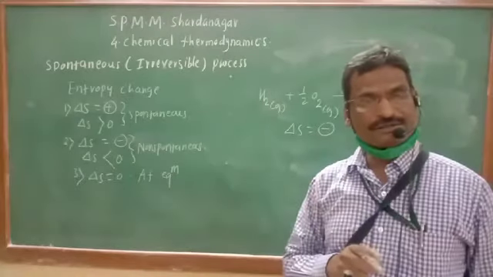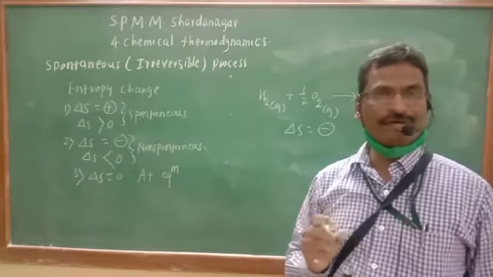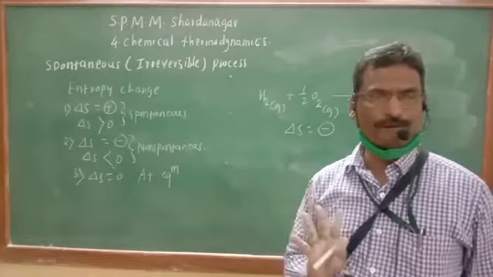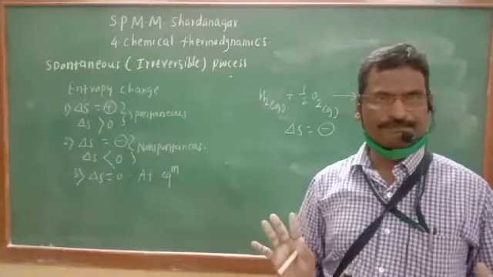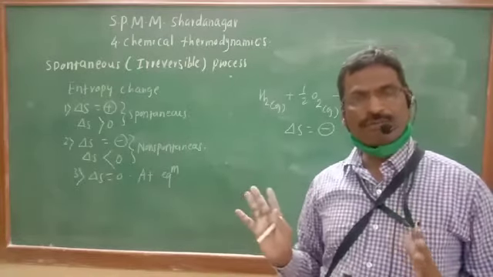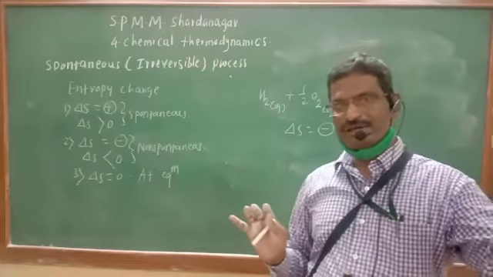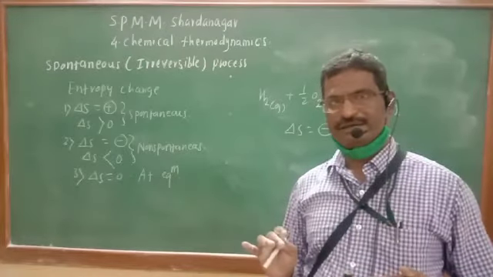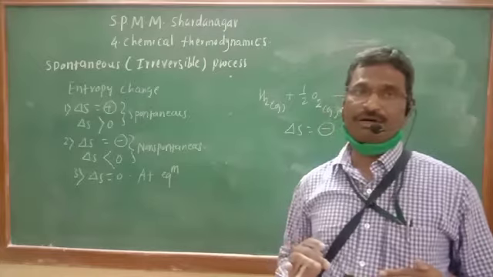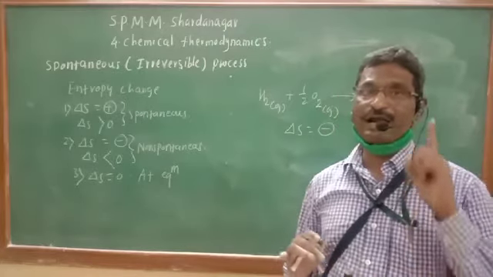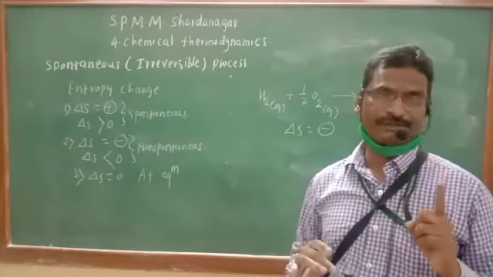And the reactions which are at equilibrium will have delta H equal to 0. And it is observed that naturally occurring processes take place with decrease of energy, meaning naturally occurring or spontaneous processes are exothermic processes.